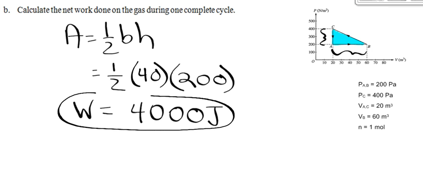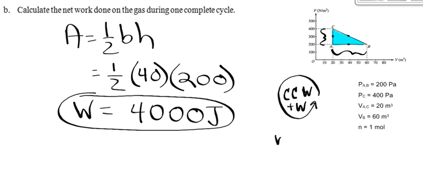Now, the last thing you need to worry about is the sign. Is this going to be positive or negative work? As I mentioned in 2 other problems, if your cycle goes counterclockwise, that's positive work.